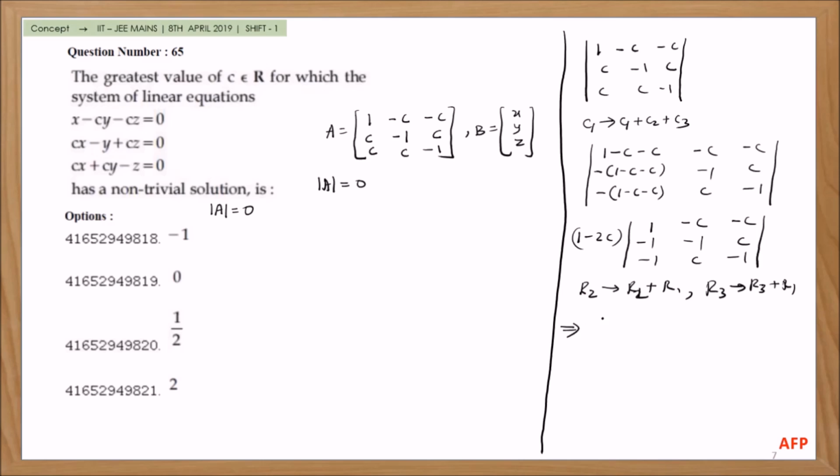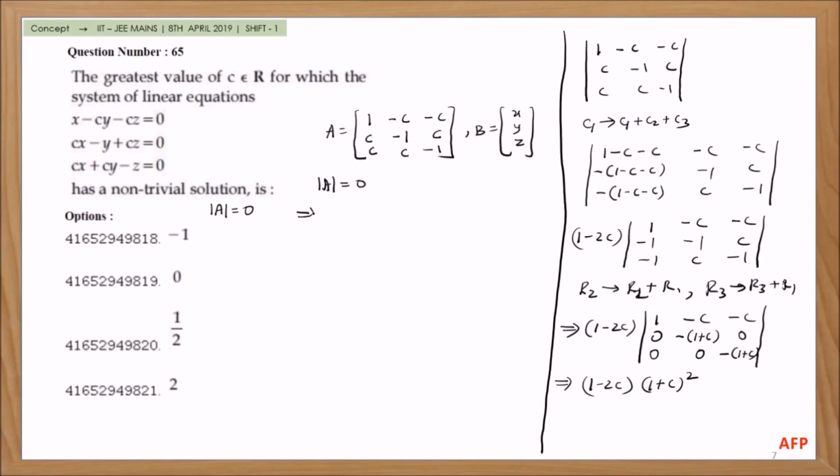Okay, so first row as it is, second row 0, 0 we got, minus 1 plus c. If you go for expansion, you are going to get 1 plus c whole square. So this is the value of the determinant.